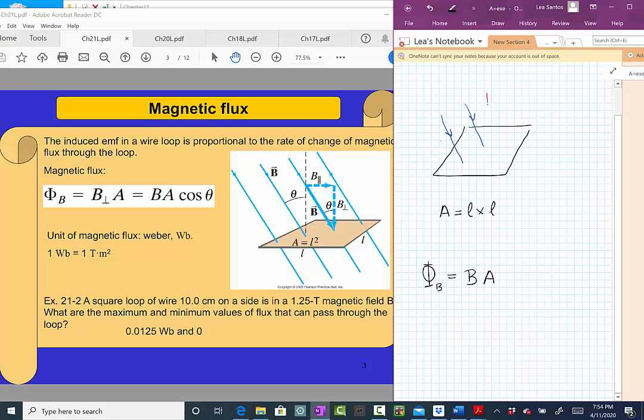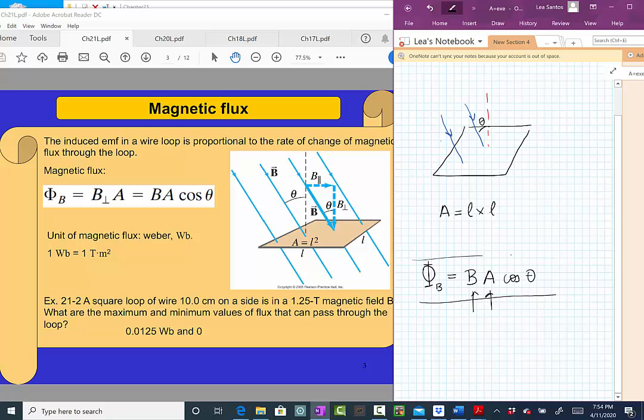This direction that is perpendicular to the area of the loop forms an angle that we are calling theta with the direction of the magnetic field. So the magnetic flux is the magnetic field, the area, and the cosine of that angle.